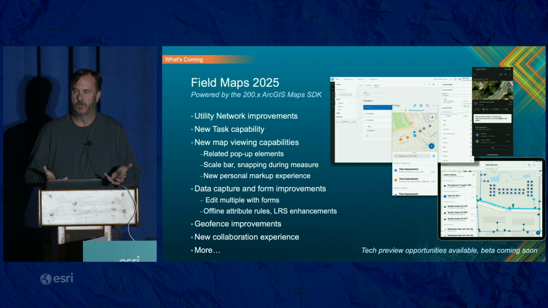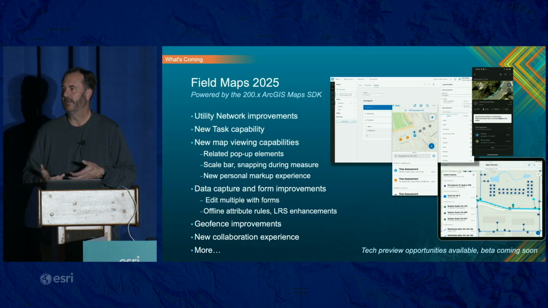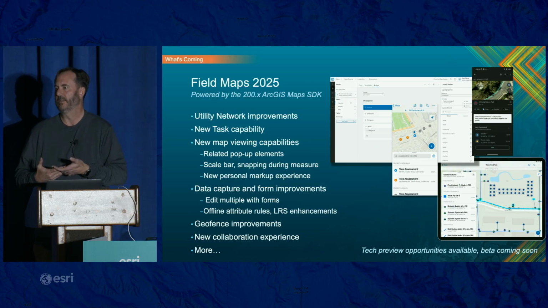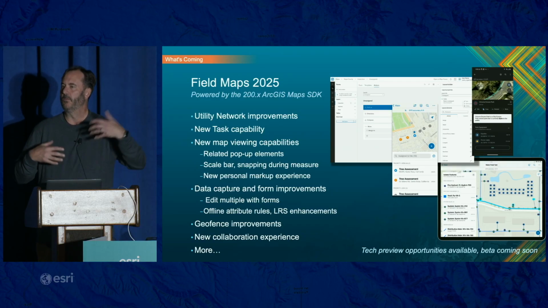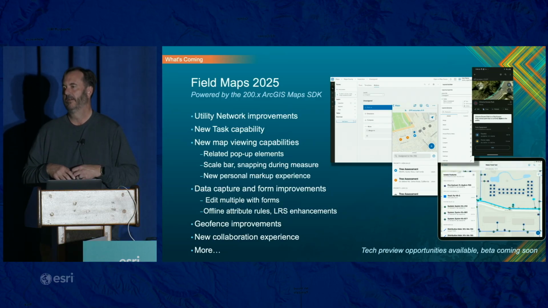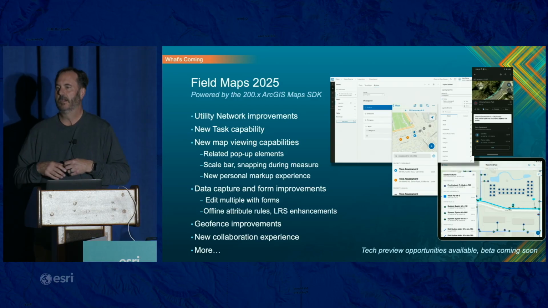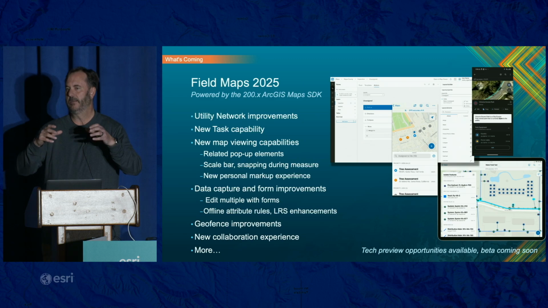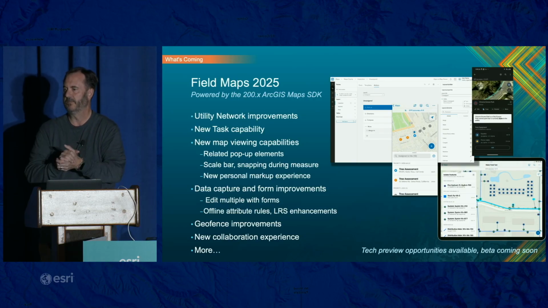When it comes to map viewing, related pop-up elements, the value of that is it's going to dramatically simplify the way that you work with related tables. So if you have a one-to-many relationship between a feature and even another feature or a non-spatial feature, then in a related pop-up element, you can declare the relationships that you want to appear, which you can't do today in the released version of Field Maps.